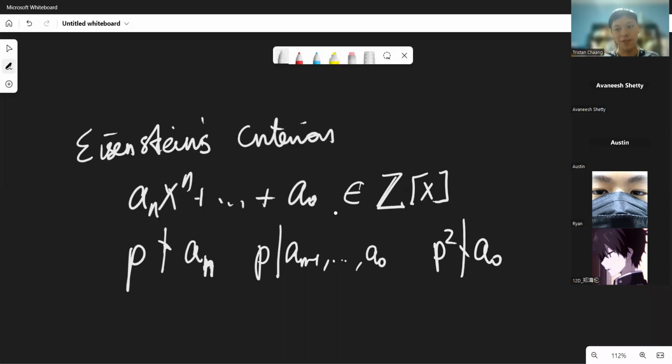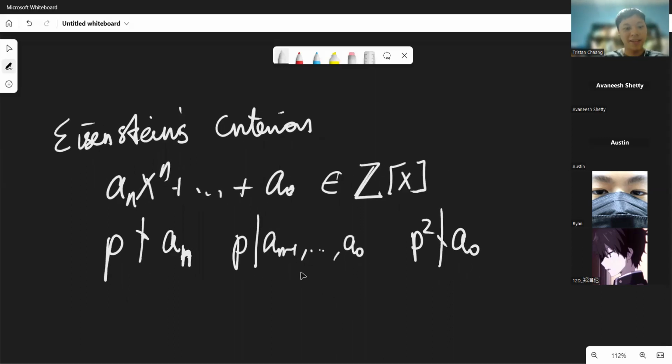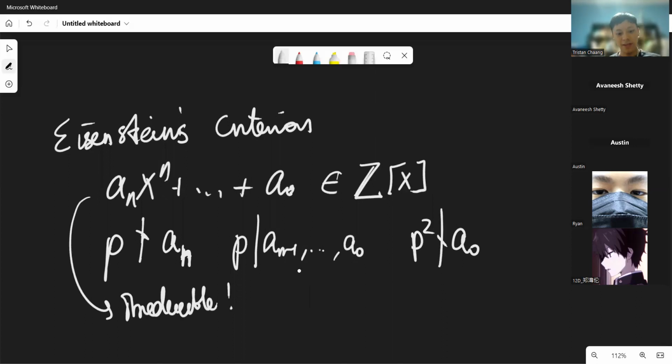So basically the v_p of a_0 is 1. Then this is irreducible. It's an irreducible polynomial. You cannot write it as a product of two non-constant integer polynomials.